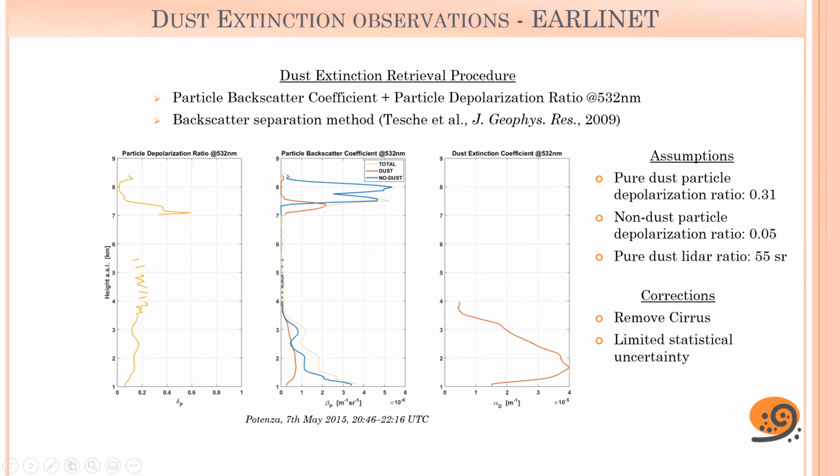The dust extinction profiles were retrieved by using a LiDAR ratio value typical for pure dust conditions over the study regions. Then cloud screening was applied to each profile, while measurements with low signal to noise ratio were removed from the final dust profile.